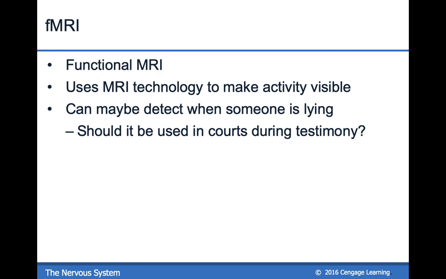If you're lying, you're having to use different cognitive processes to fabricate that new story and make it plausible. But then the question is, should we use that in courts for testimony? So could neuroscientists actually ask people these questions in an MRI and use their brain scans during testimony to show if they're lying? It's like a better polygraph test. We're not there quite yet, and I'm curious to hear what you guys think about that.